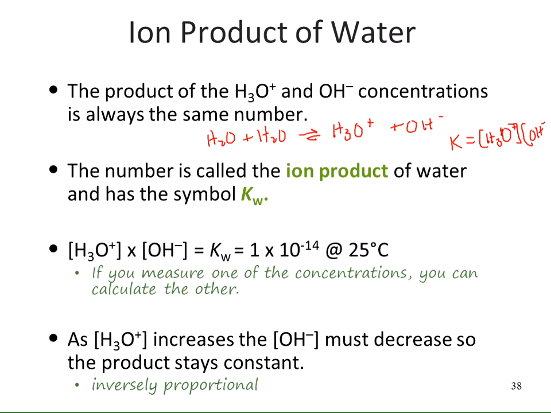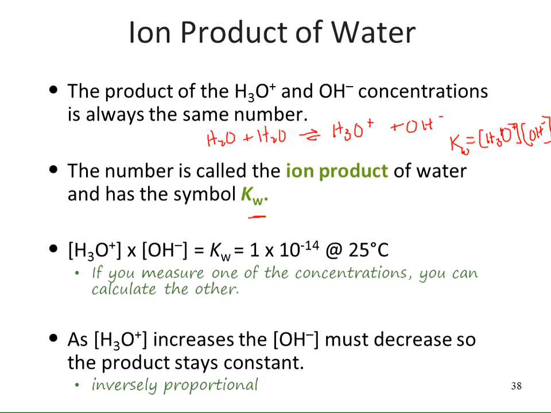But notice that water is our reactant and is in the pure form, so it doesn't show up in our K expression. To indicate that this is the equilibrium reaction associated with water ionizing, we have a special subscript, Kw. Now the Kw is 1 times 10 to the minus 14th at 25 degrees C. When you need this for your exams or quizzes, this will be given to you.